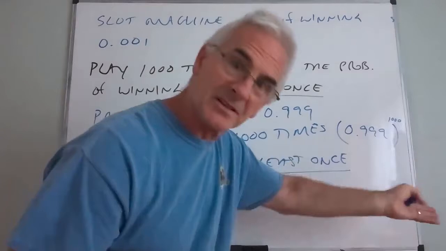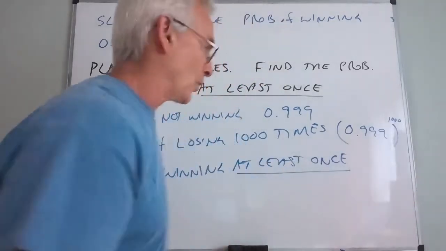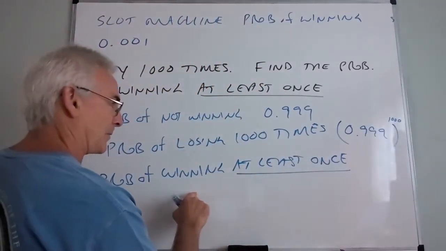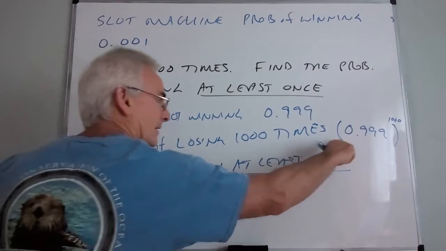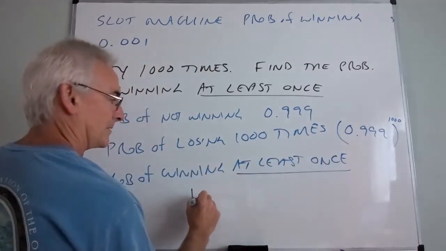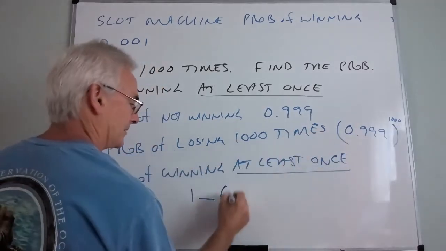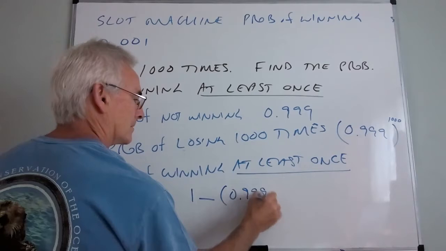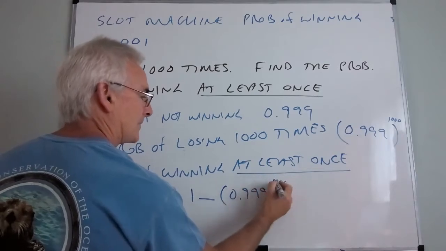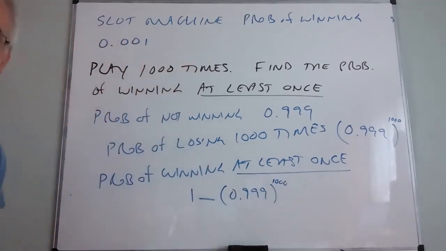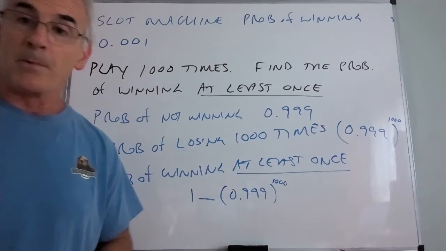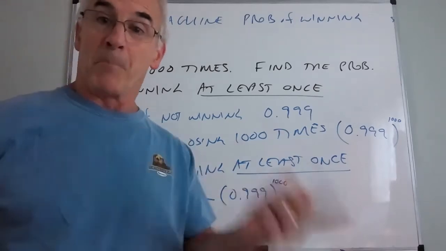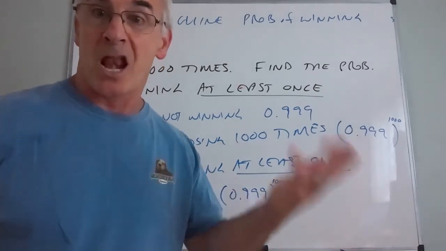Winning 0 times is the same as losing every time. So what would this be? The probability of winning at least once would be 1 minus that. And this is how you calculate the probability of at least once. The probability of at least once is always 1 minus the probability of none.